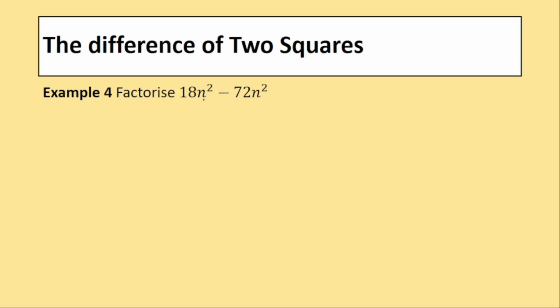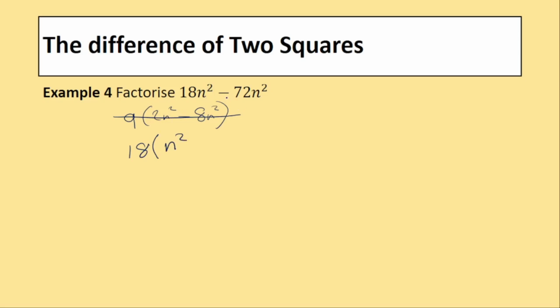We have 18n squared minus 72n squared. I think 18 is the best common factor. 18n squared divided by 18 will give us n squared.